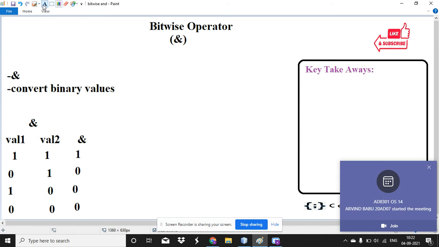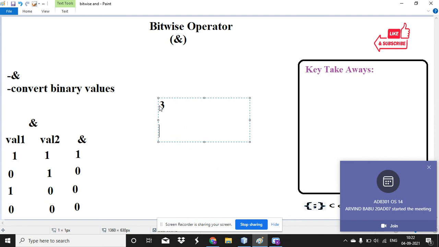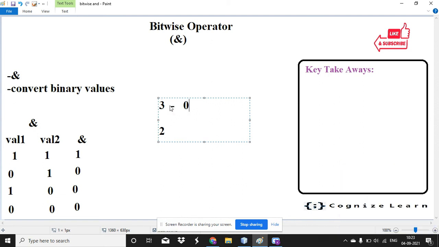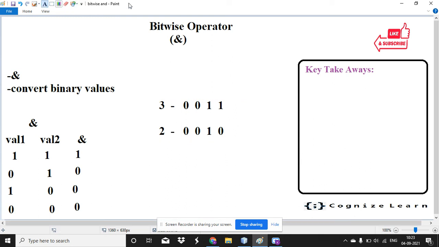Maybe I'm considering 3 and 2. Now what happens? For 3 it will be 0011, and for 2 it will be 0010. Now I'm going to perform the AND operation, taking all these digits.